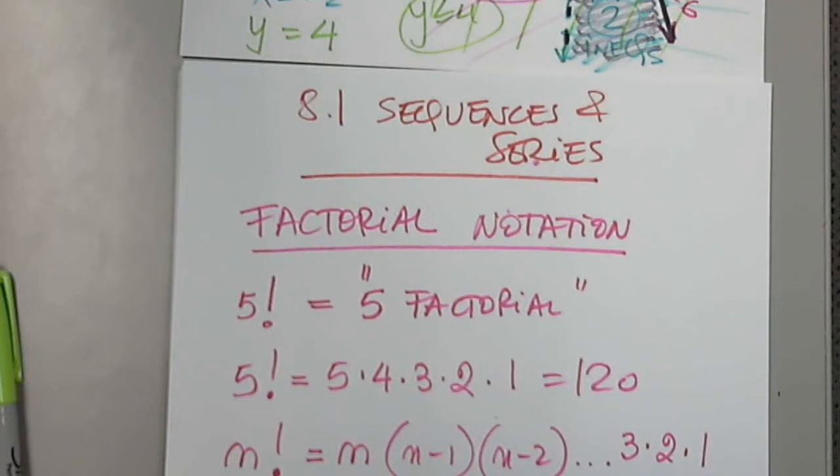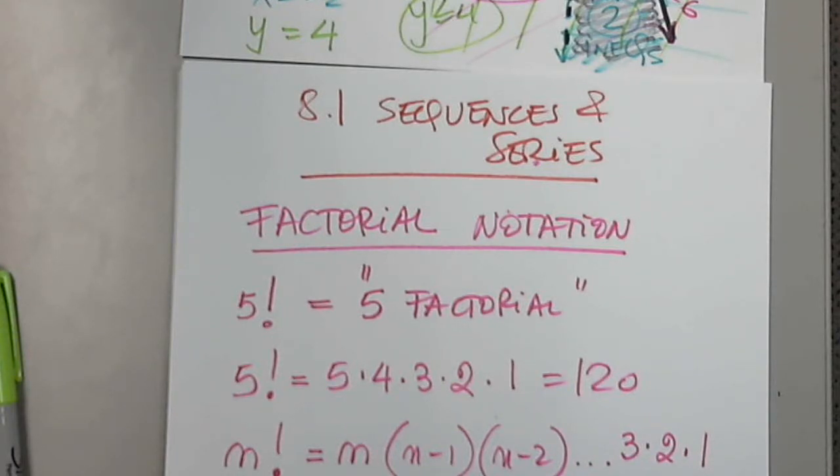So we have to put the number in first. So I put 5, and then I go to math, I go to probabilities, and choose 4, and that's 5 factorial, and I know the answer is 120. So that's how we determine factorials using the calculator.